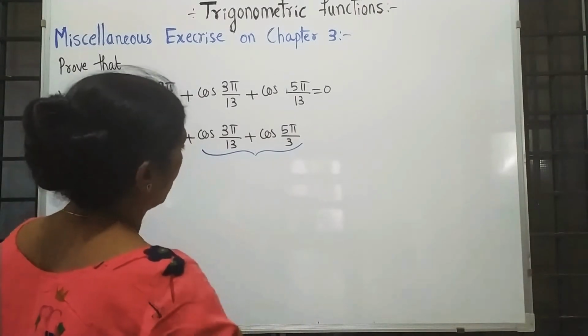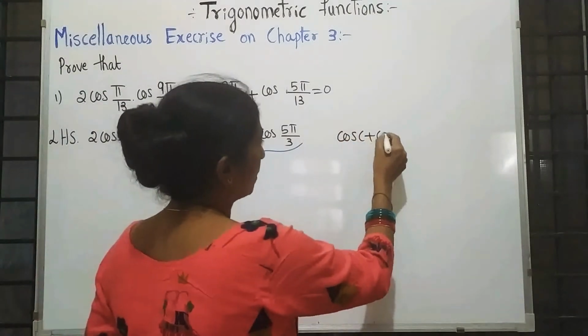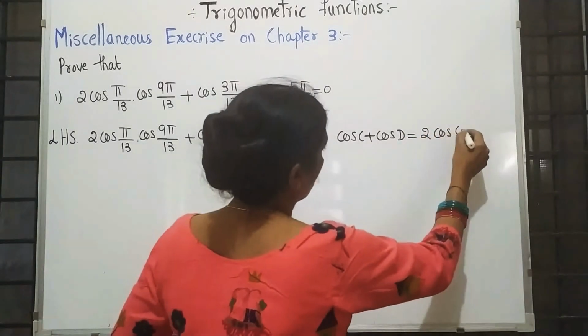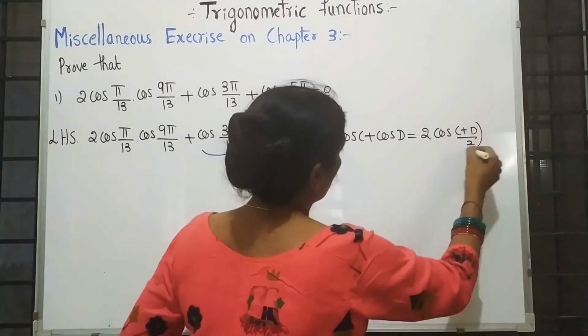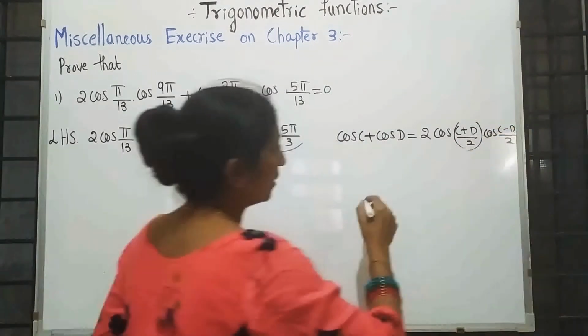Have you remembered? Cos C plus cos D is equal to 2 cos((C+D)/2) cos((C-D)/2).